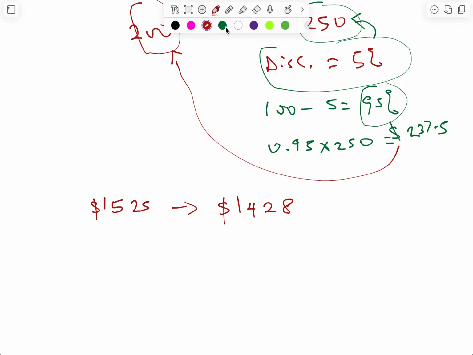The question might say that you should find the percentage profit or loss. By the way, this is a loss because the person sold below their cost price. So this is the cost price, this is the selling price, and we want to find the percentage loss.